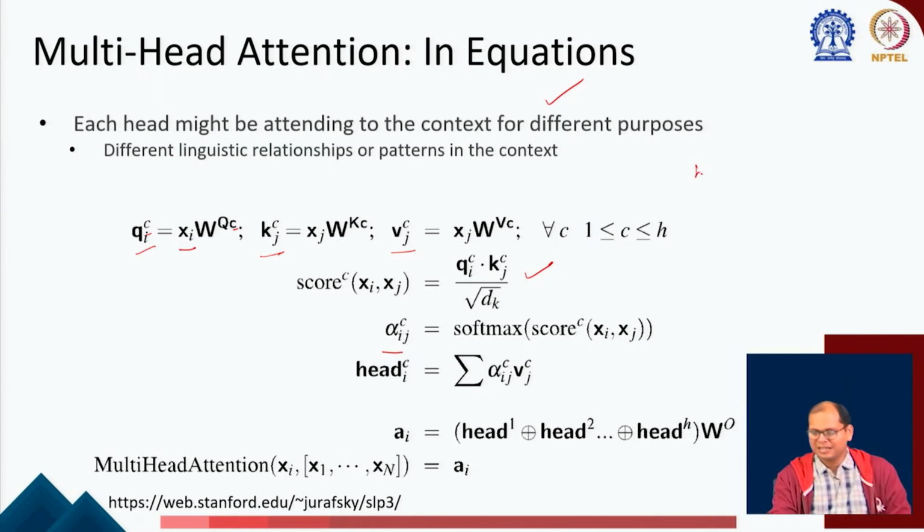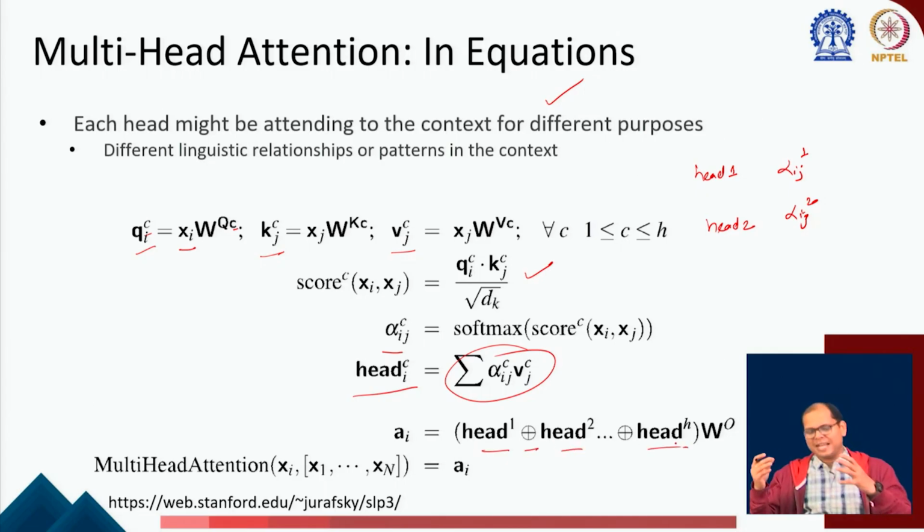For head 1, I'll have one matrix alpha ij1. For head 2, I'll have a separate matrix alpha ij2. Then my output will be a weighted average of these. This will be my self-attention output from the first head. You just concatenate. This is the concatenation operation.